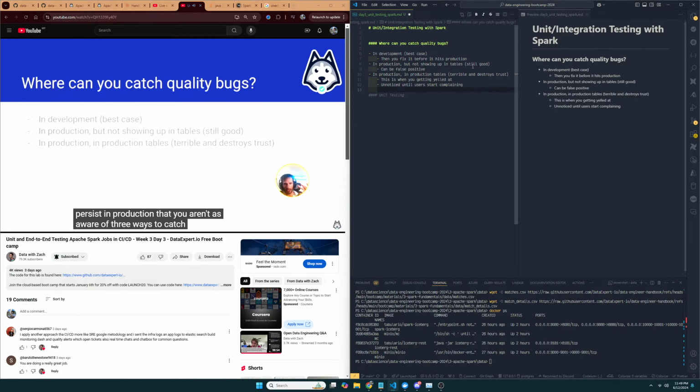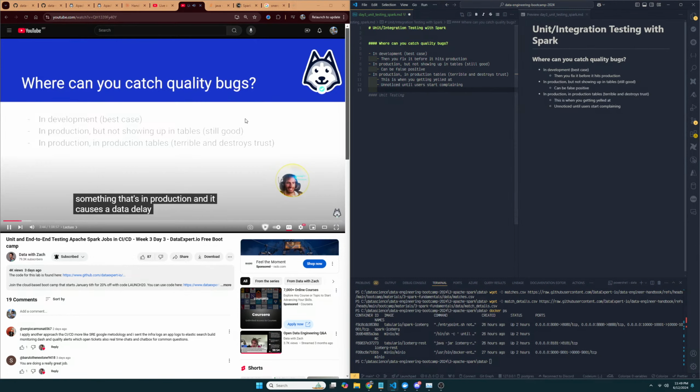Three ways to catch quality bugs: in development, in production but not in production tables, and in production tables. The last one is the one that you want to avoid because that's the one that damages the company. The middle one is better, but it's still a little bit stressful because you have to troubleshoot something that's in production and it causes a data delay.